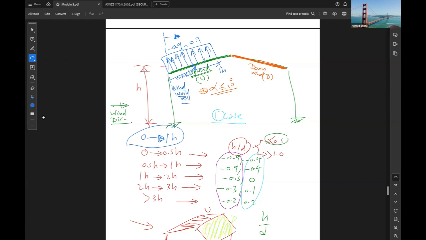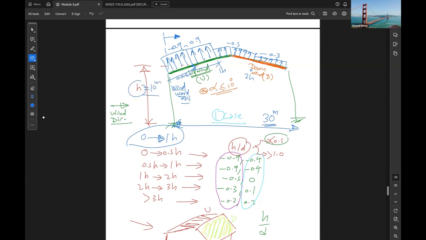From 1H to 2H, for example, up to here, the value is negative 0.5. From 2H to 3H, negative 0.3. Let's say for this example, the width of the building is 30 meters again, and our building is 10 meters.